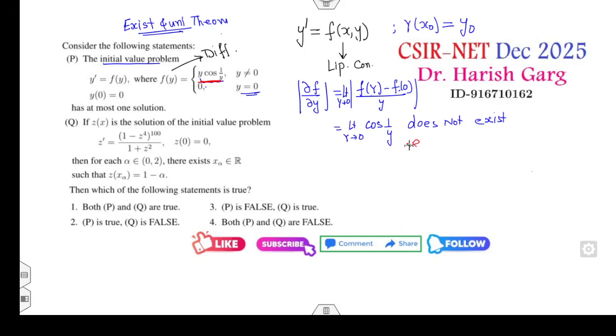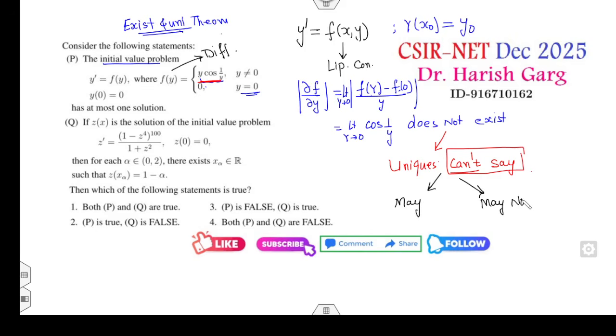Once the Lipschitz condition is not satisfied, what does it mean for uniqueness? We can't say anything about uniqueness. Uniqueness may or may not hold.